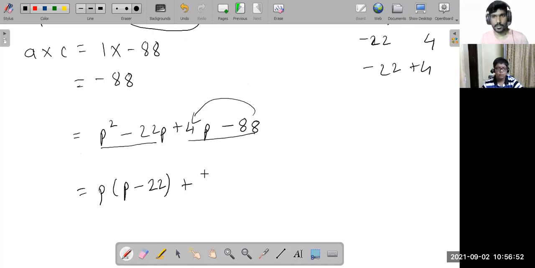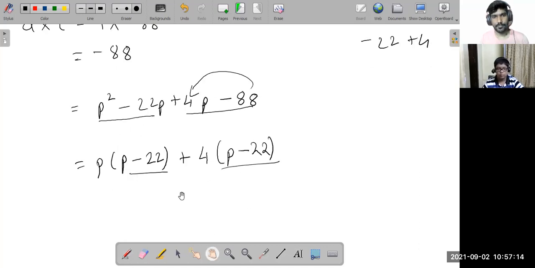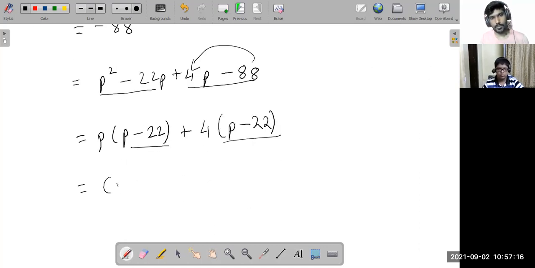Since the sign outside is plus, we write plus 4 and here 22, because 4 into 22 is 88. This bracket and this bracket are the same, so write it once, p minus 22, and what you took common, put in the bracket, p plus 4.